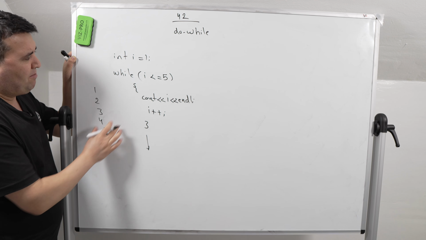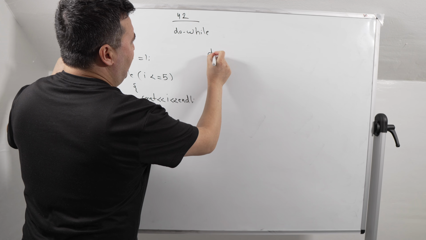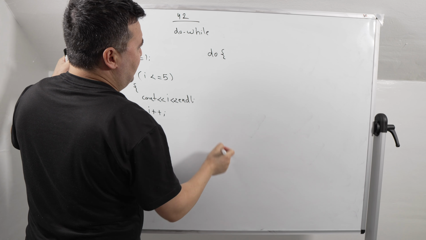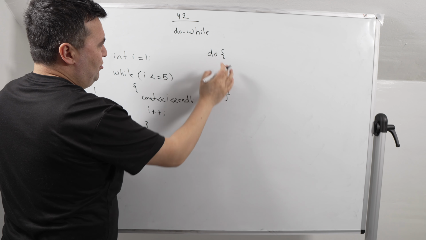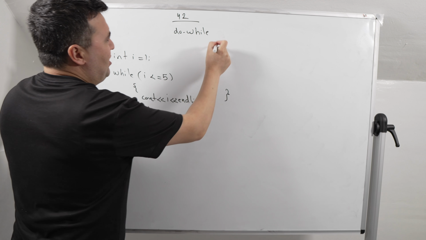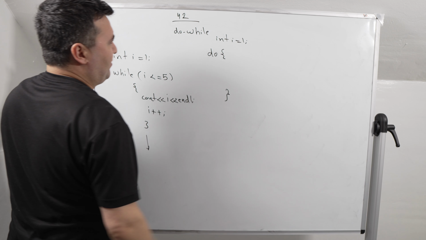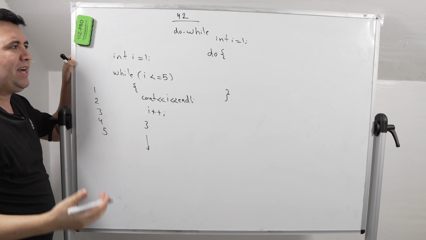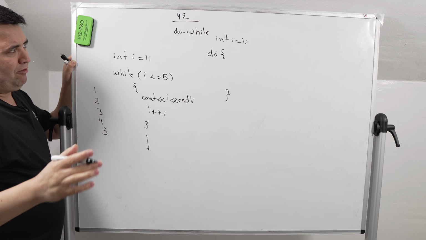But let's write the same program with a do-while loop. We use the do keyword, then we open the block and close the block of the do-while loop, and at the end we have our condition. First we declare our integer i equal to 1, because we want to start from 1 and print the numbers from 1 till 5.